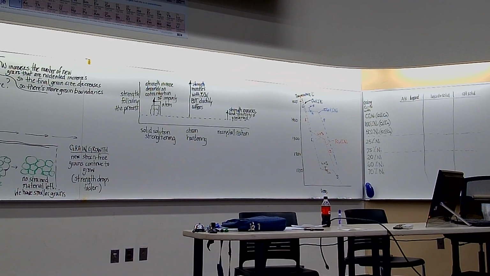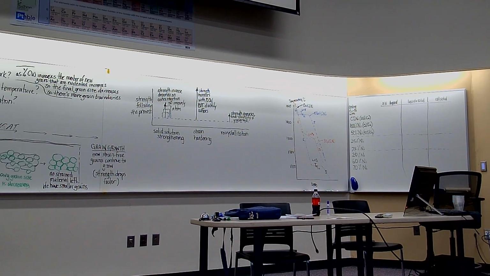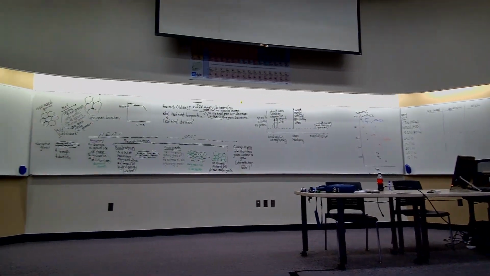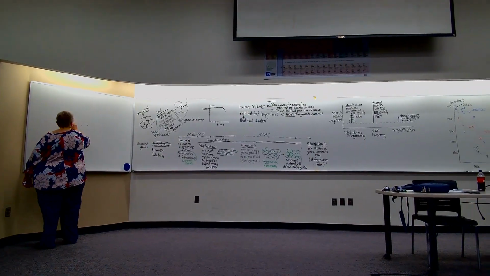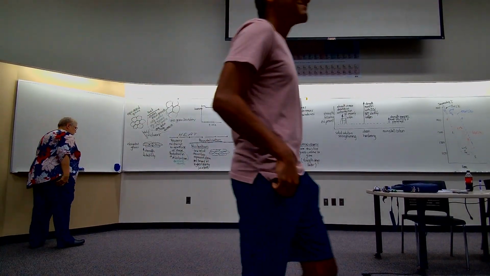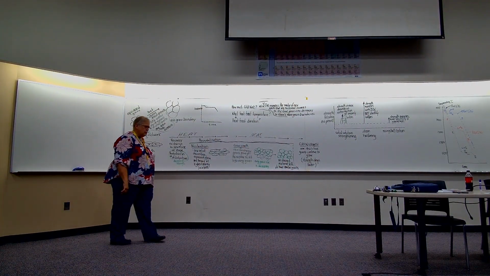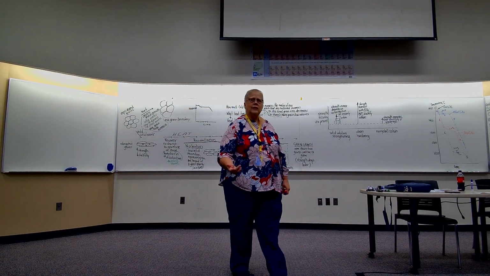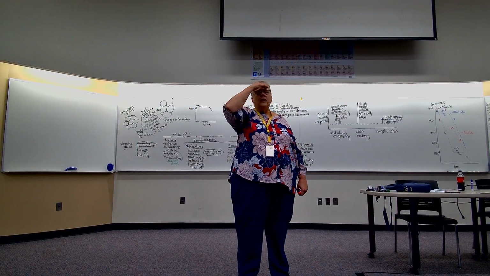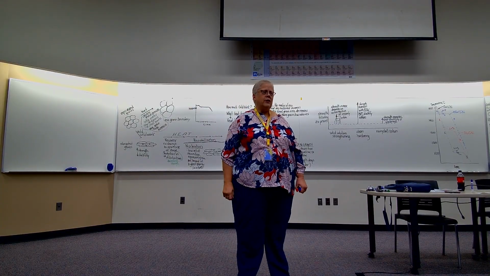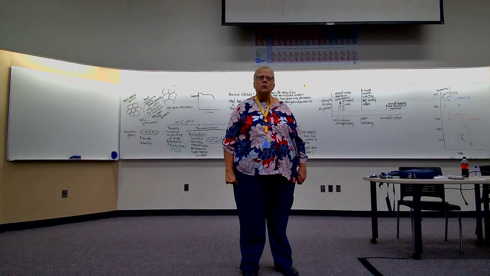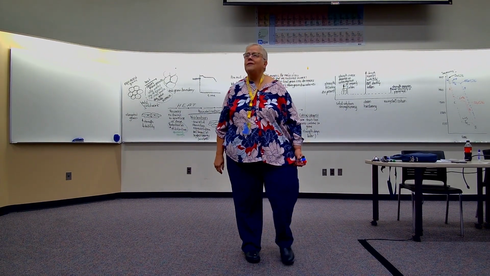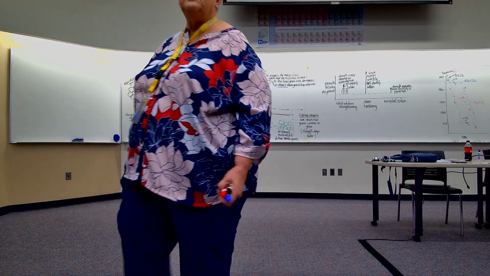Well, so my experiment, I'm cooling, and I'm noting at what time or at what temperature there's a phase change. So what is my independent variable in this experiment? What is the thing I'm controlling? Percent nickel. Right.